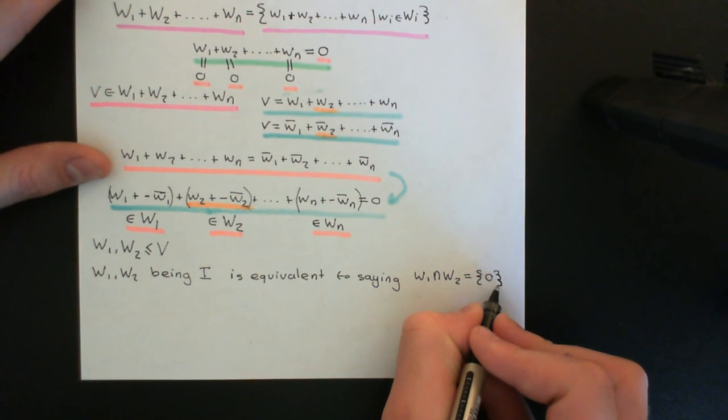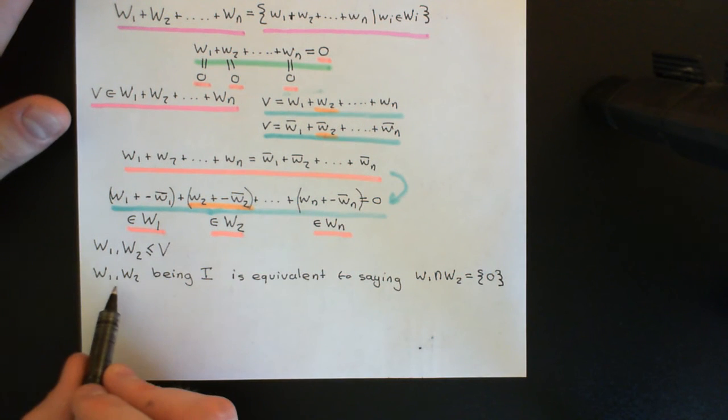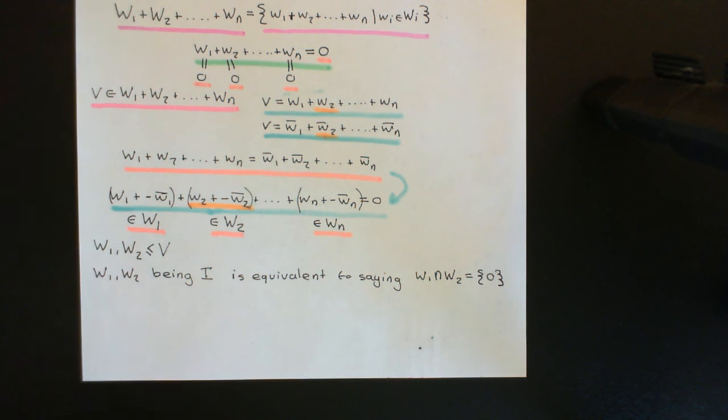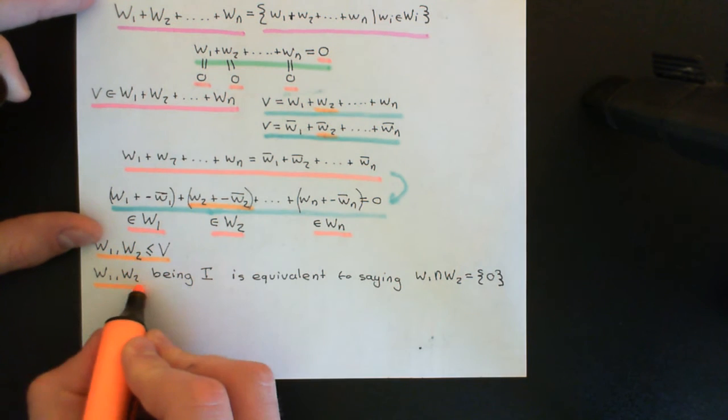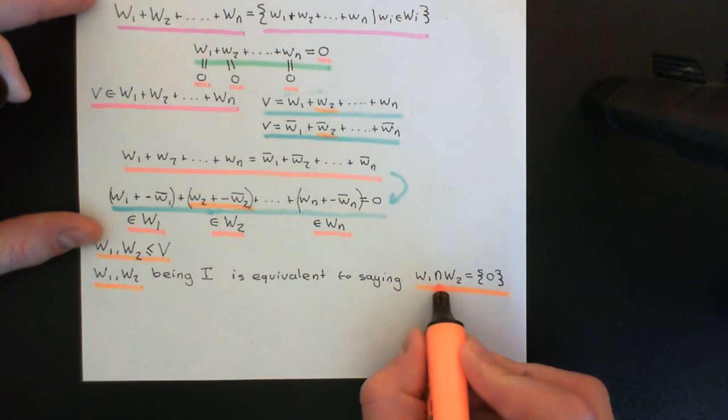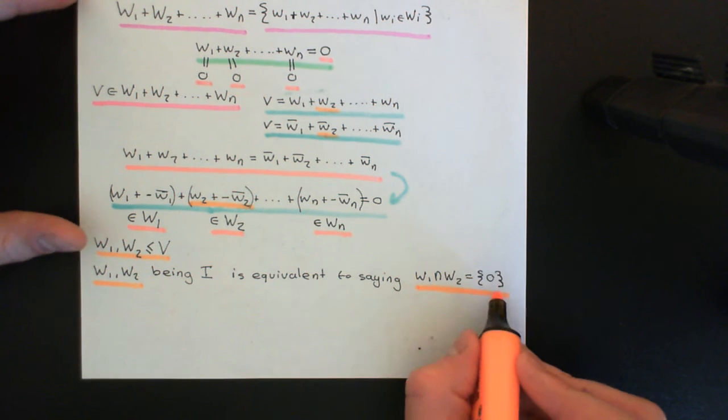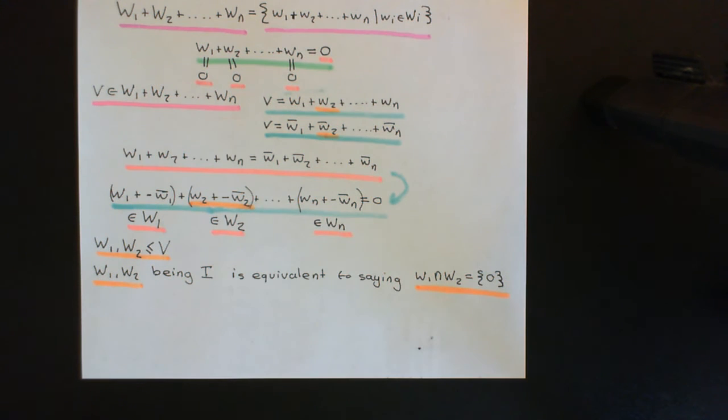So these two subspaces will be independent if and only if the intersection of the two of them is the zero vector. The only vector that's in both of them needs to be the zero vector.